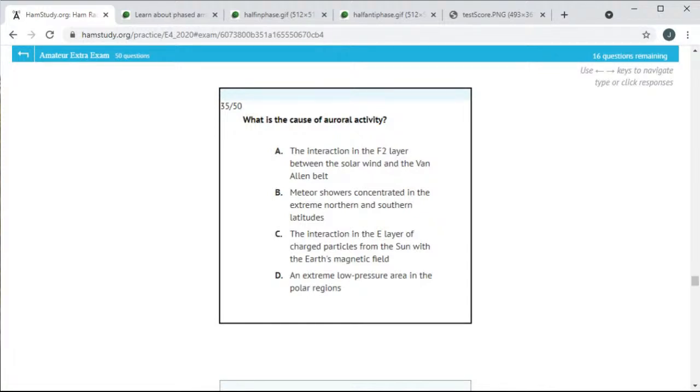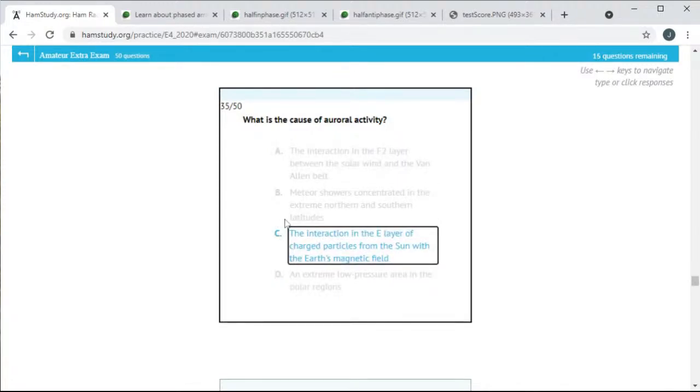D, extremely low pressure area in polar regions. B and D are automatically out. And the question is, is it A or C? I'm going to go with C, but both of them are very close.